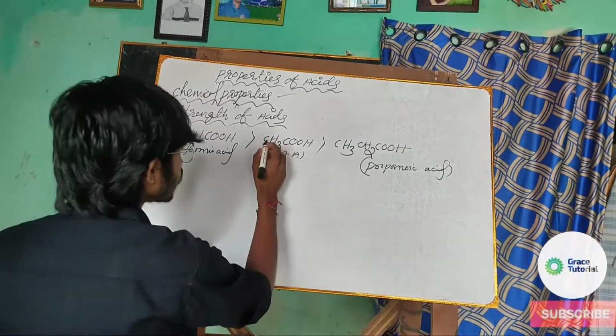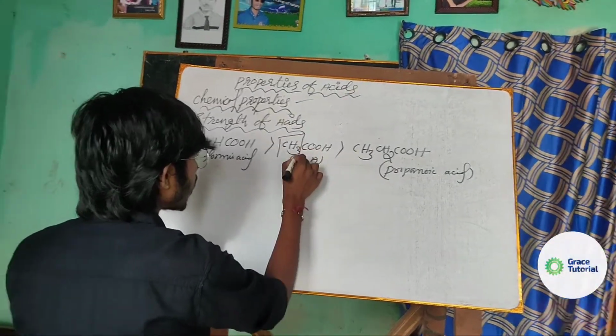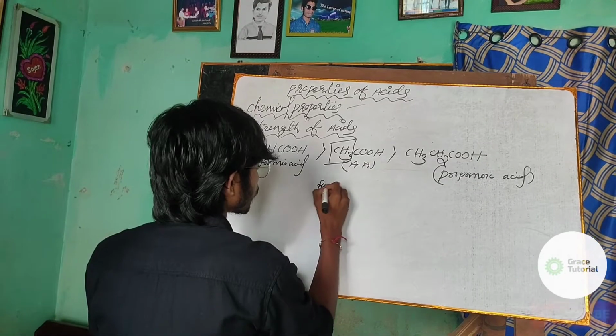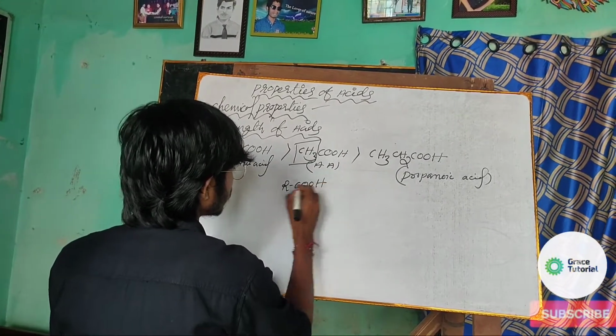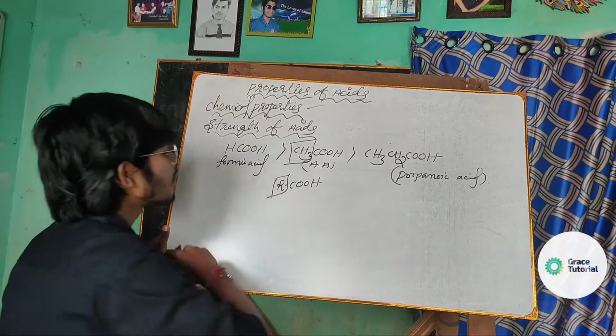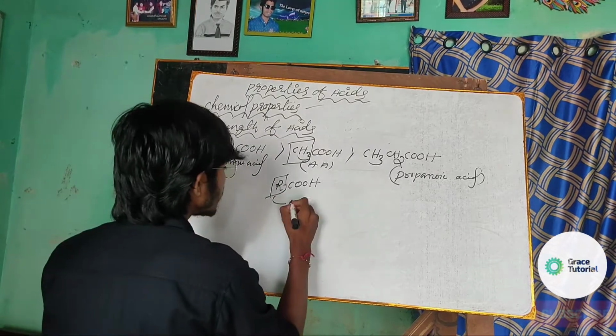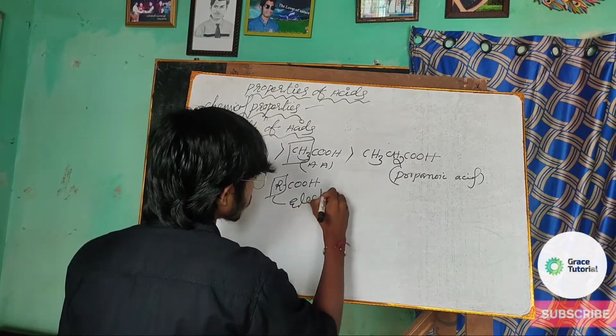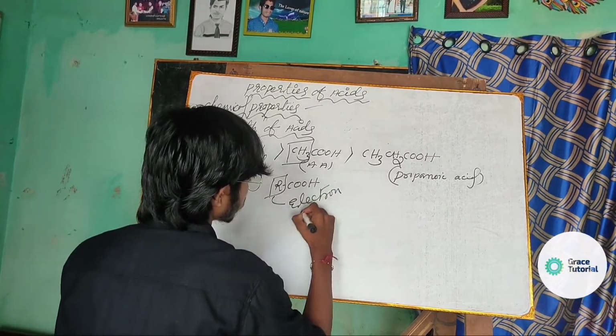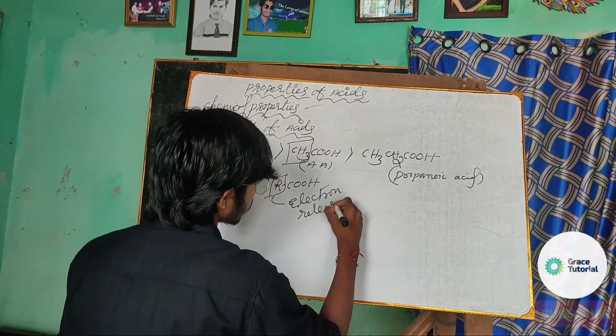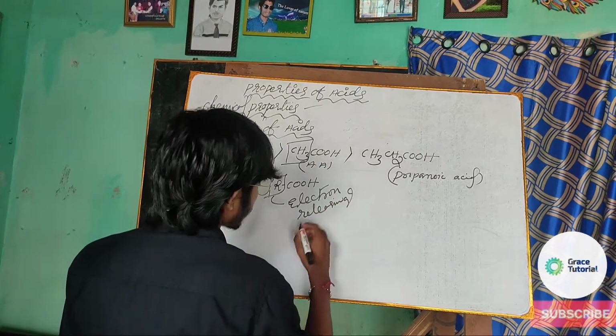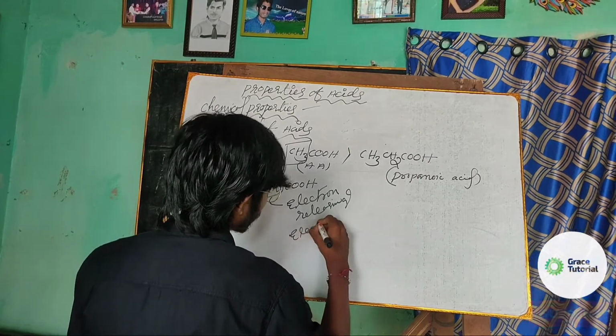In acetic acid, if you look here, you have an alkyl group, and this R is basically an electron releasing group, or we can say electron repelling group.